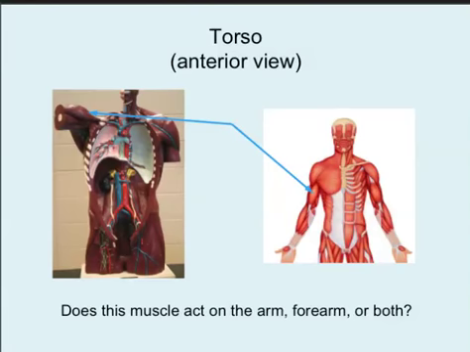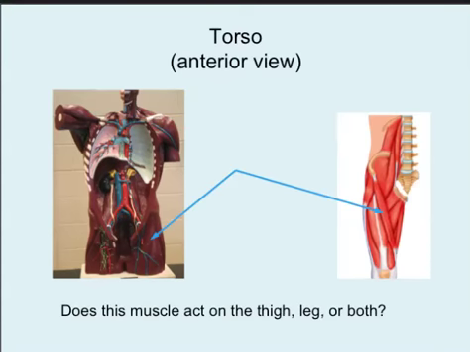Moving on, does this muscle act on the arm, the forearm, or both? This is the biceps brachii, shown here, and it's involved in forearm flexion. Next question, does this muscle act on the thigh, the leg, or both?